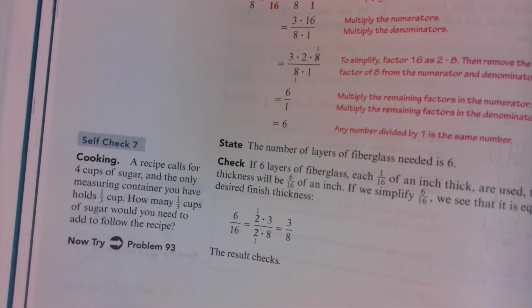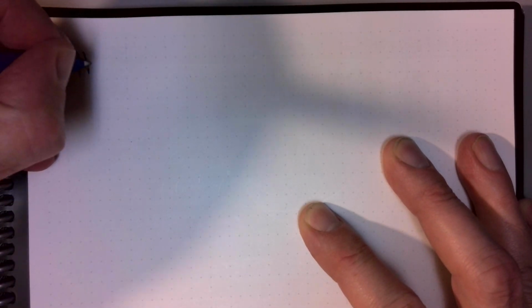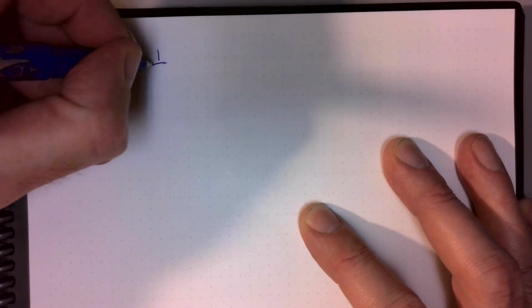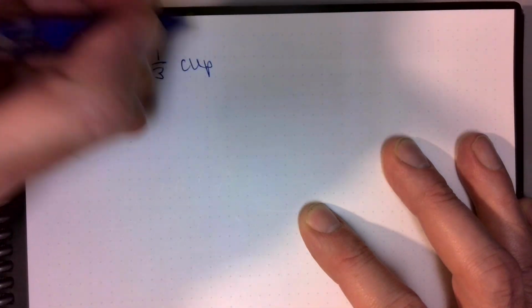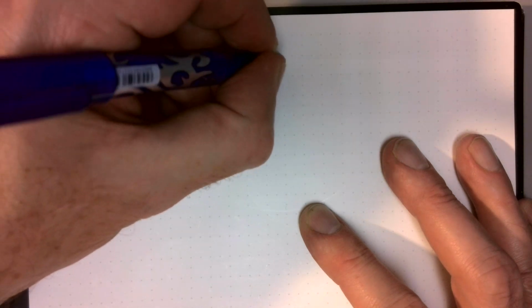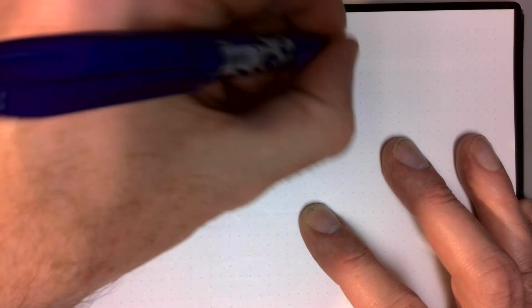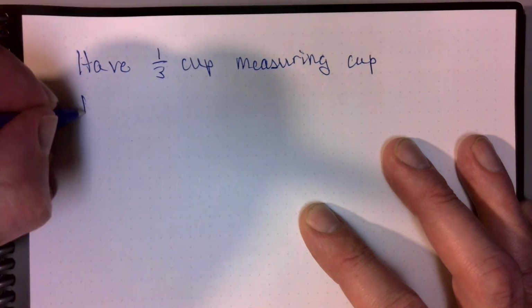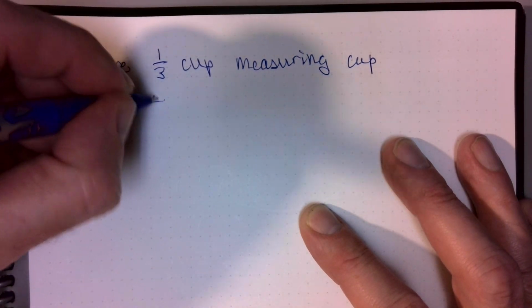Okay, so let's go ahead and answer this problem. Readjust my mechanical zoom there. So what we have is a 1/3 cup measuring cup, and we need 4 cups.